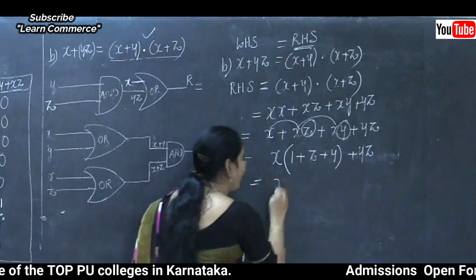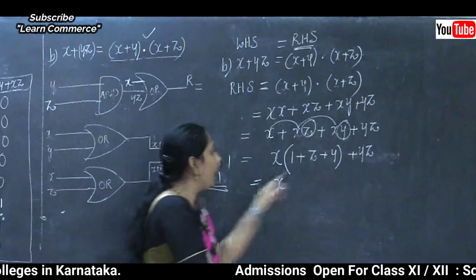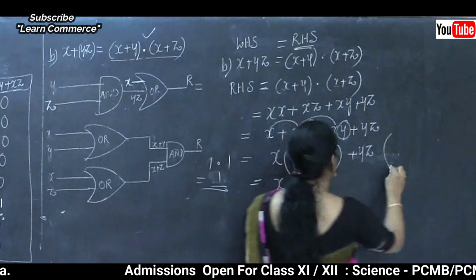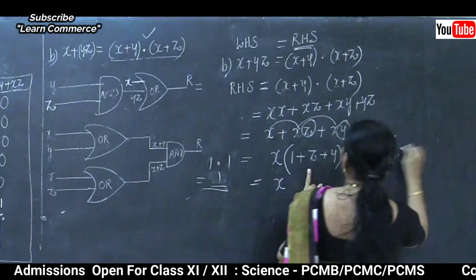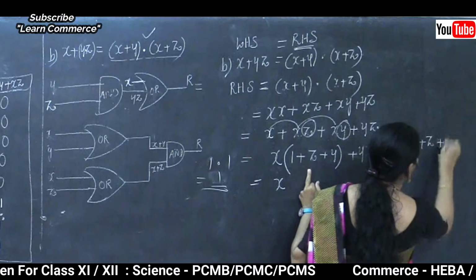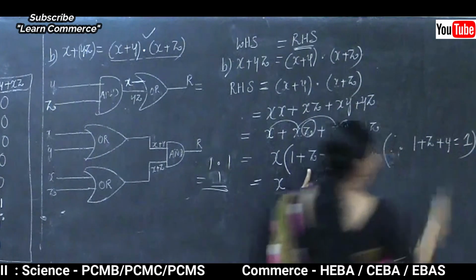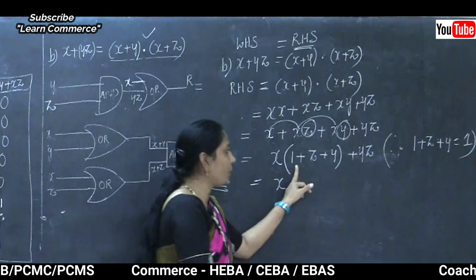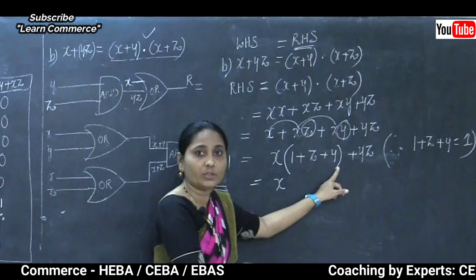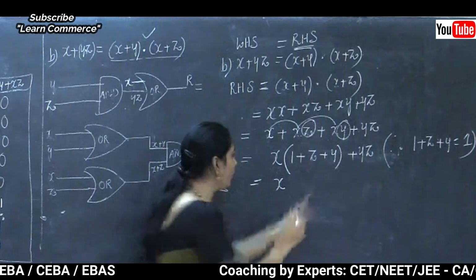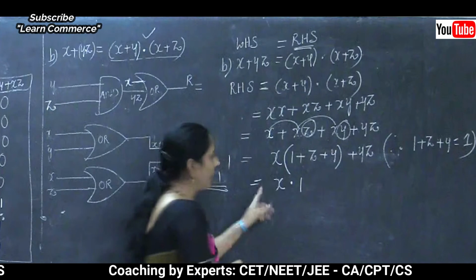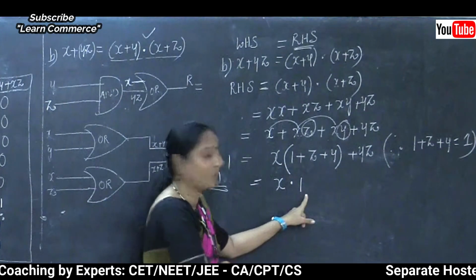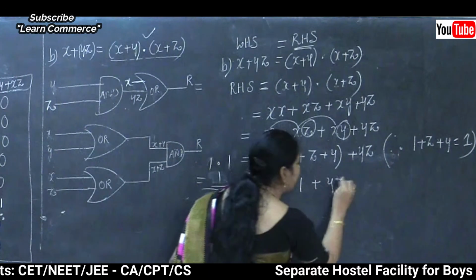Now x value as it is we need to take, and when you are going to use 1 plus z plus y, that is equal to 1 only. Clear this point here? So 1 plus z plus y, therefore it is equal to 1 only. So how are we going to complete? X and 1 plus yz.